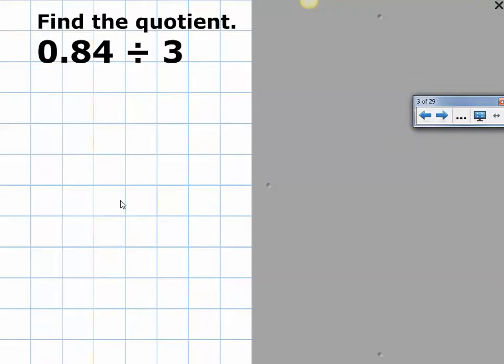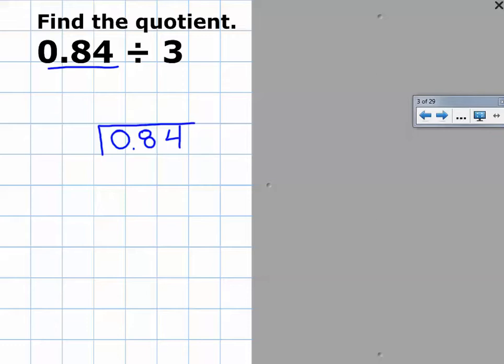So, what we have is we want to find the quotient of 0.84, which is 84 hundredths, divided by 3. Step 1 says to rewrite the problem. So I'm going to make my division box. Make a division box with me on the top of your paper. It says the first number goes in the house. Again, it doesn't matter if it's my smaller or bigger number, just the first number always goes in. So I'm going to put 0.84.